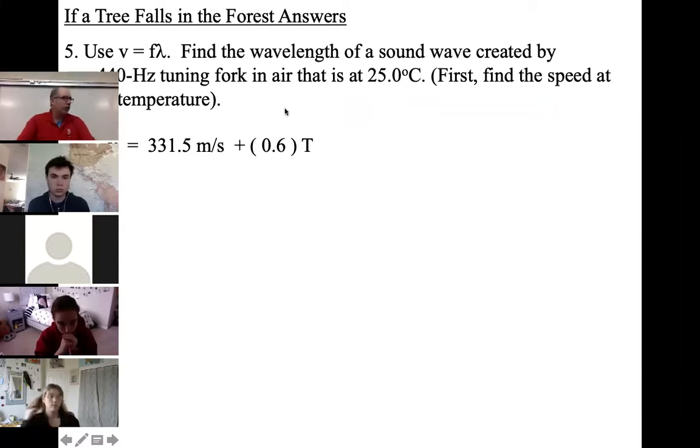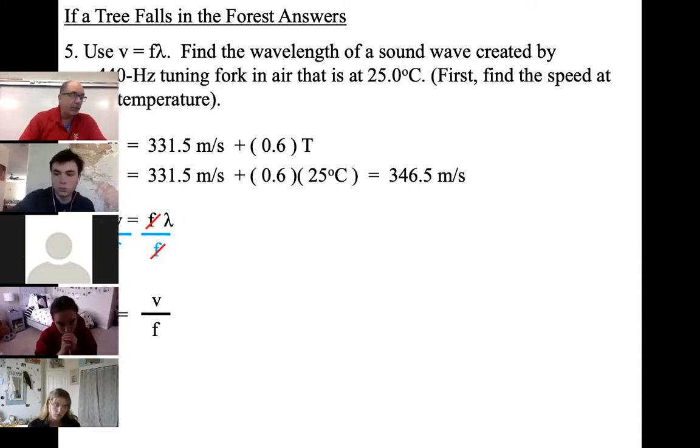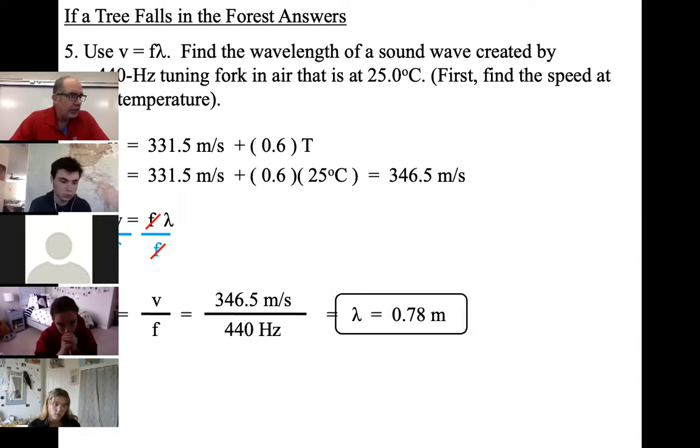We use 331.5 meters per second plus 0.6 t, where t is 25, and I got 346.5 meters per second. Then we use v equals f lambda, divide out the frequency, so lambda equals v over f, and the answer becomes 0.78 meters.